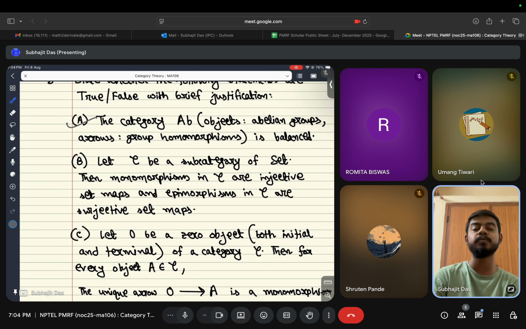Question is, is this true? We know that if the subcategory is exactly equal to Set, that is if C is equal to Set, then this result is true. But is it true for any arbitrary subcategory? You take a subcategory of Set, is it true? Is this true?